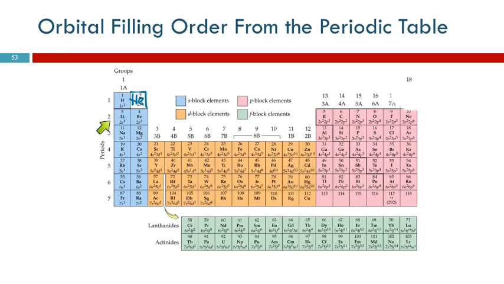Well, 2 of them are over here, and 1 of them is here. So the 2s fills up, and then the 2p has 1 electron in it. So I'm gonna go ahead and do some examples, and hopefully it'll become clearer, and we can come back to this.